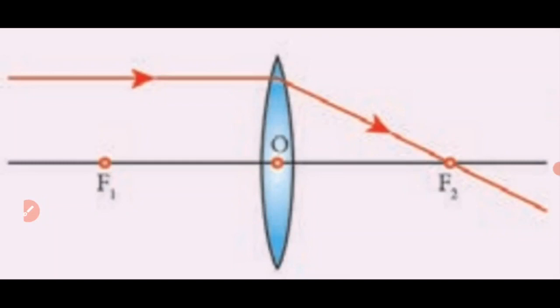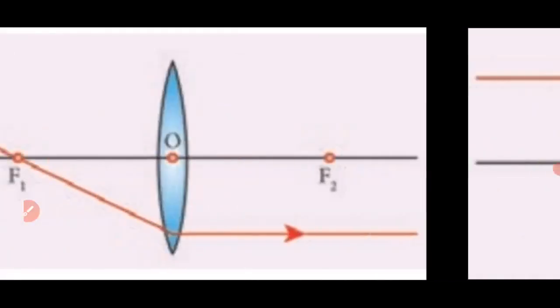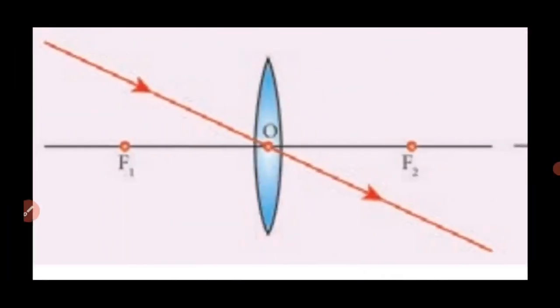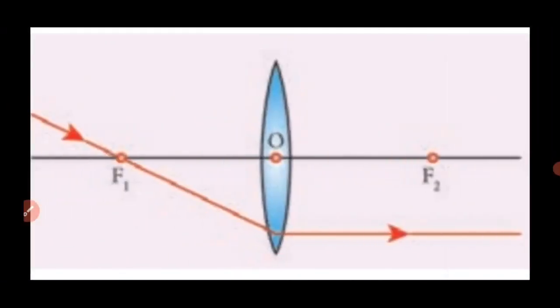Rule 2: A ray of light passing through the optic center O of the lens goes straight without any deviation. Rule 3: A ray of light passing through the focus, after refraction becomes parallel to the principal axis.